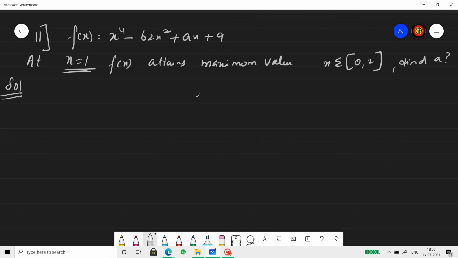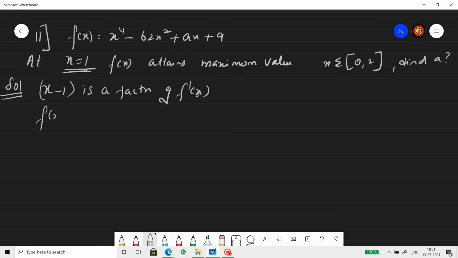So x equal to 1 means x minus 1 is a factor of f dash of x. Generally, the x values that we get are by equating f dash of x to 0. So that means x minus 1 is a factor of f dash of x. There's no doubt about it, because from there only we get the x value.